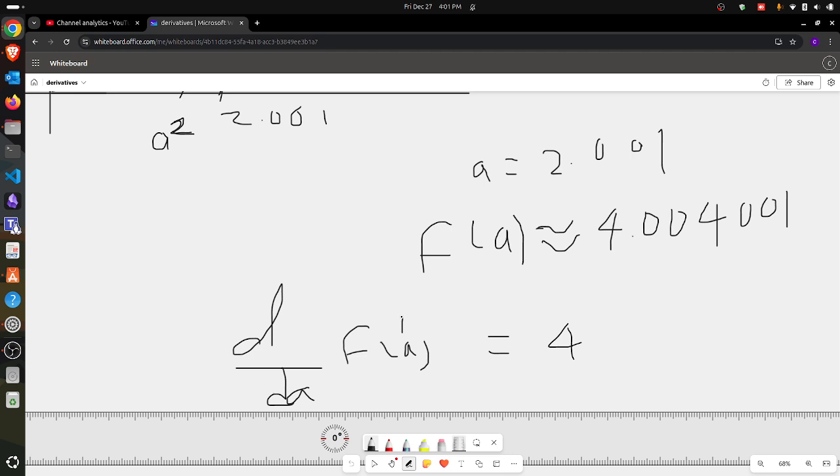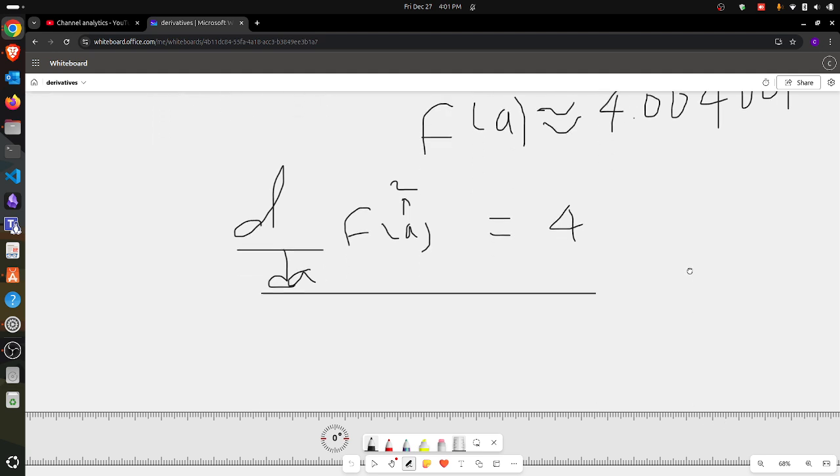That's how we write the whole thing. I hope the concept is clear until now.